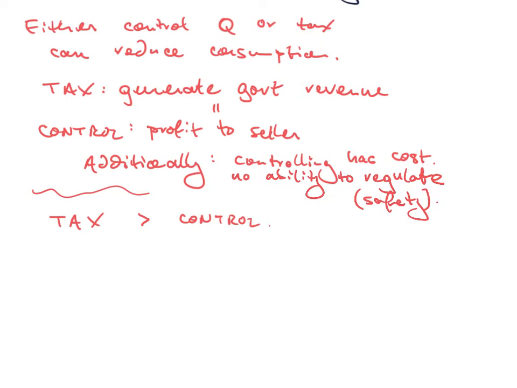This was a problem during Prohibition, when alcohol still got produced underground, by moonshiners and bootleggers. But there's no way for the government to inspect and control the quality of those illegal products.